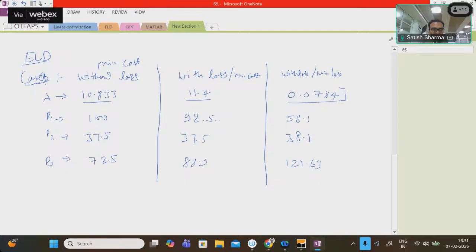You can see that when there were no losses and we were minimizing the cost, this was the schedule: 137.5 and 72.5, perfectly fine.